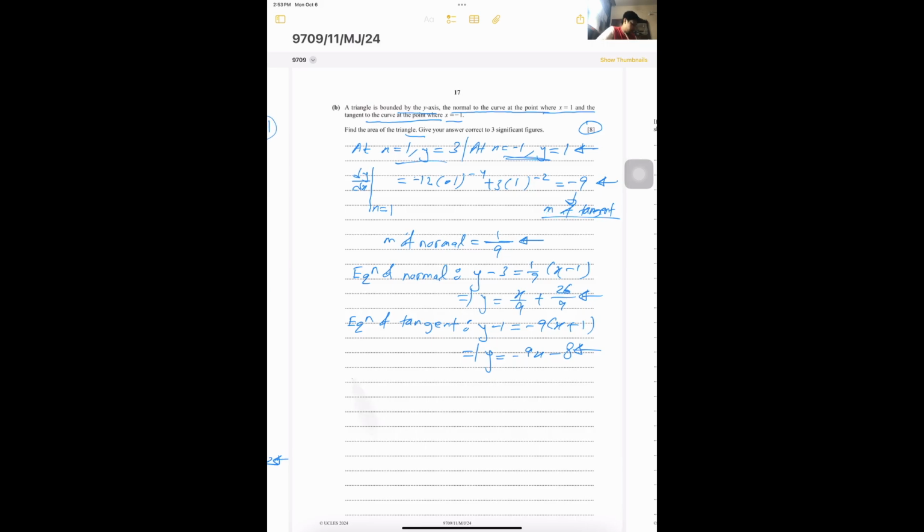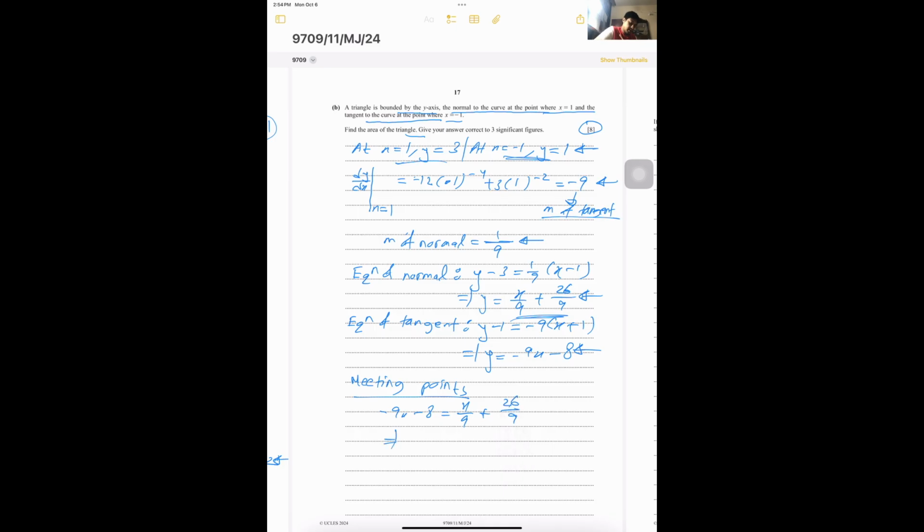So for the meeting point, minus 9x minus 8 is equal to, where's the other equation? Oh, this one, x by 9 plus 26 over 9.